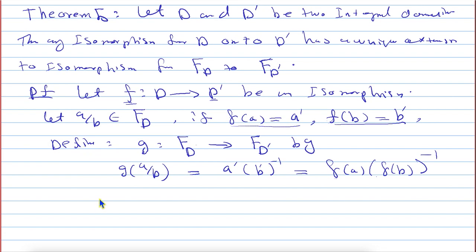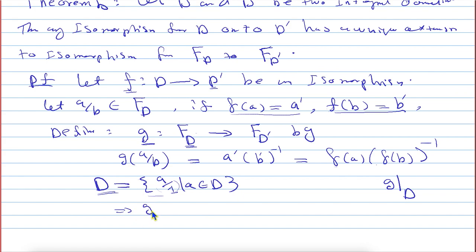Now we are already identifying the integral domain D with a subring of F sub D consisting of elements of the form A over 1, where A is in D. Right? So if we restrict this function G to only D, by understanding that D is a subring of F sub D, we get G restricted to D. So we can only take elements of the form A over 1.